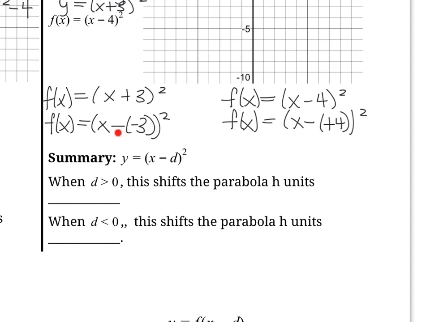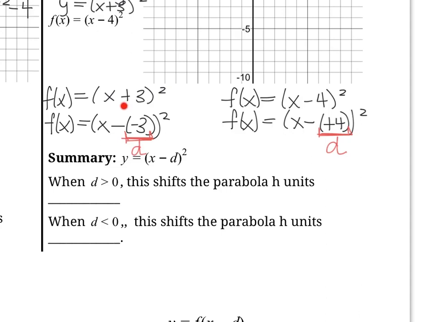But by taking out a negative 1 in both of these examples, what we're left with is the value of D. So I'm going to underline it. This is our value of D. So C was easier to see, but for D, we have to factor out a negative 1. The reason we're doing all of this is that by factoring out that negative 1, we see what was actually happening to that x coordinate.